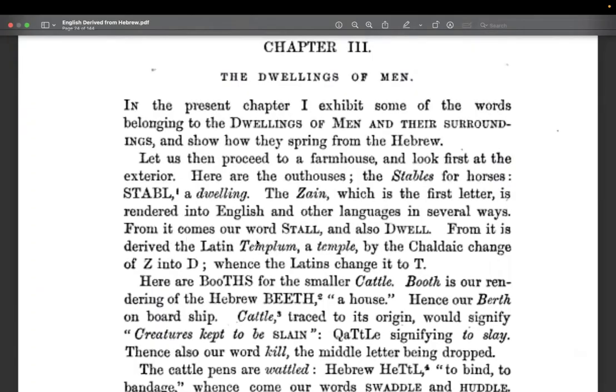From it comes our word stall and also dwelling. Now, the Zaudi is usually the ST or the TZ one, but as you'll see, some of these letters change and they're interchangeable with the sounds. They get really mush mouth, if you will.